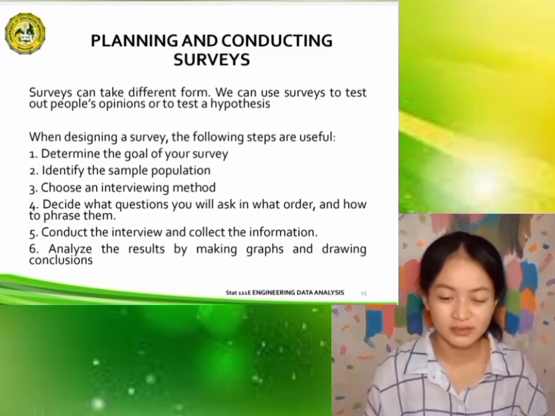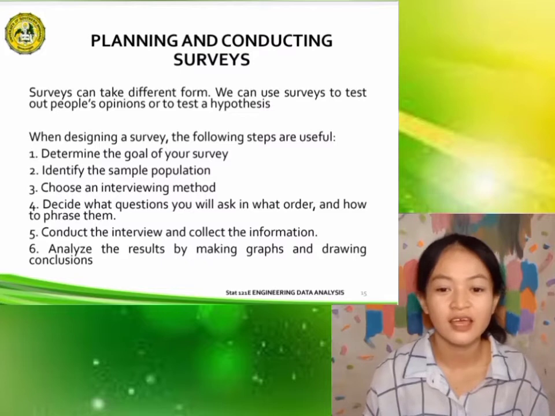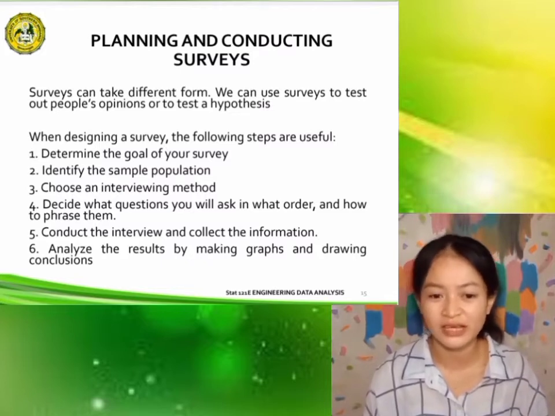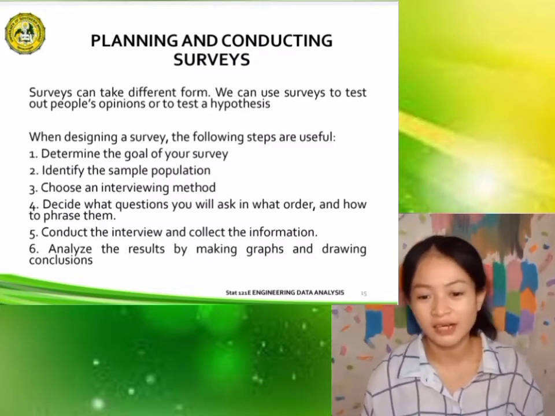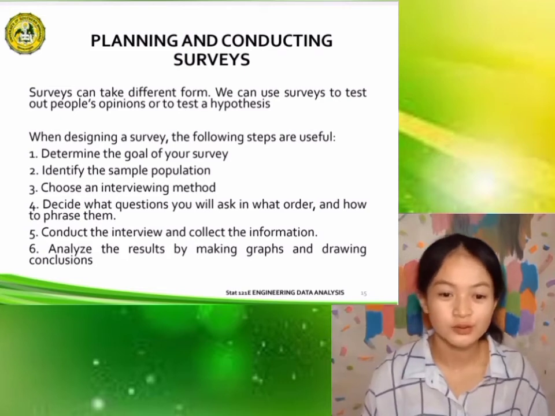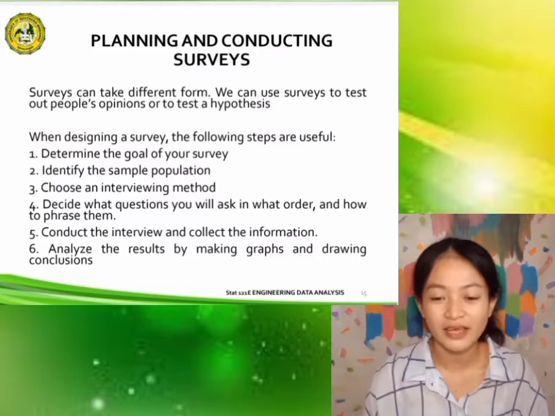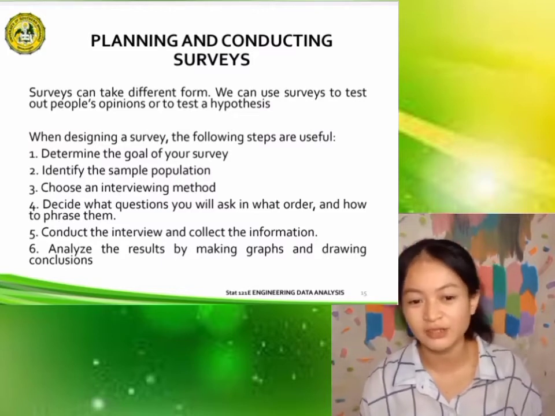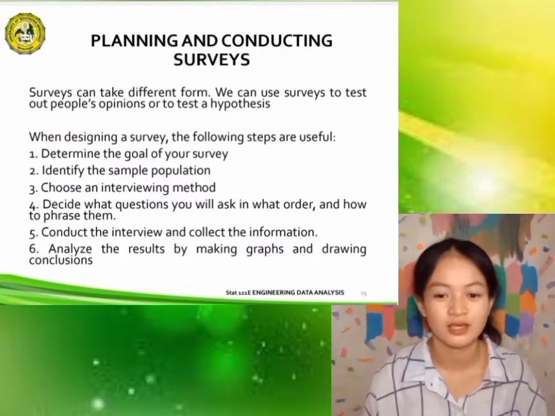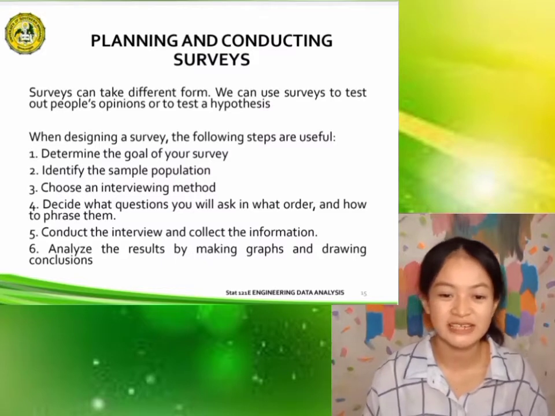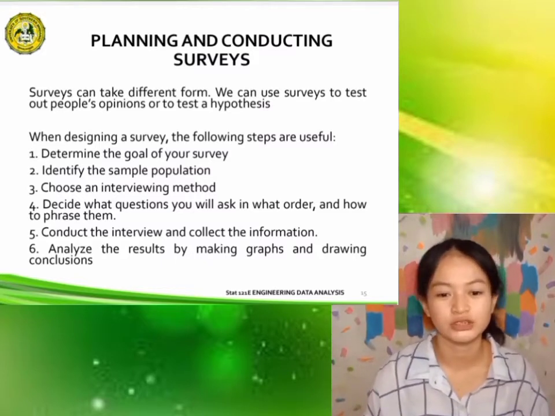Some advantages of surveys are that they are efficient ways of collecting information from a large number of people. They are also relatively easy to administer. A wide variety of information can be collected and they can be focused such that researchers can stick to just one question that interests them.